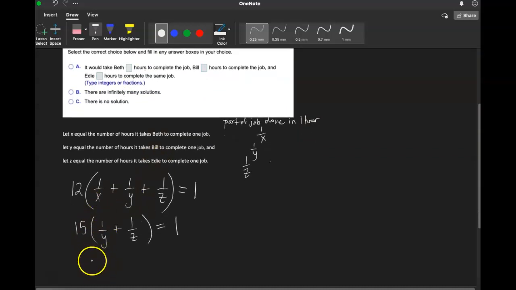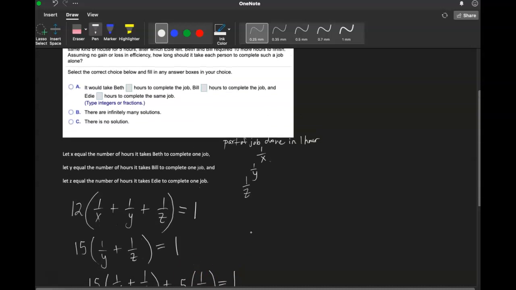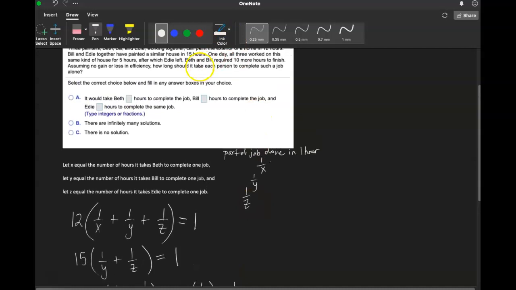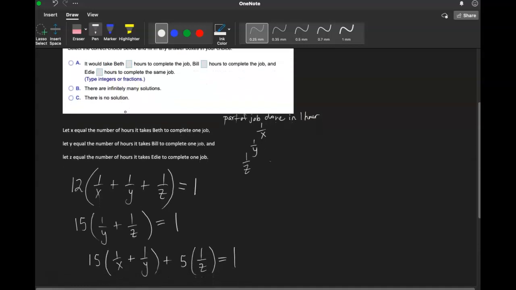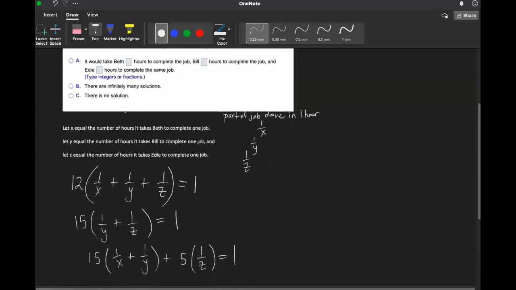We can say that Beth and Bill, which is 1 over x and 1 over y, worked for 15 hours, whereas Eddie only worked for 5 to complete the one job. I'm just going back up to make sure I haven't missed anything. So assuming no gain or loss in efficiency, how long would it take each person to complete such a job alone? So eventually we want to solve for x, y, and z.